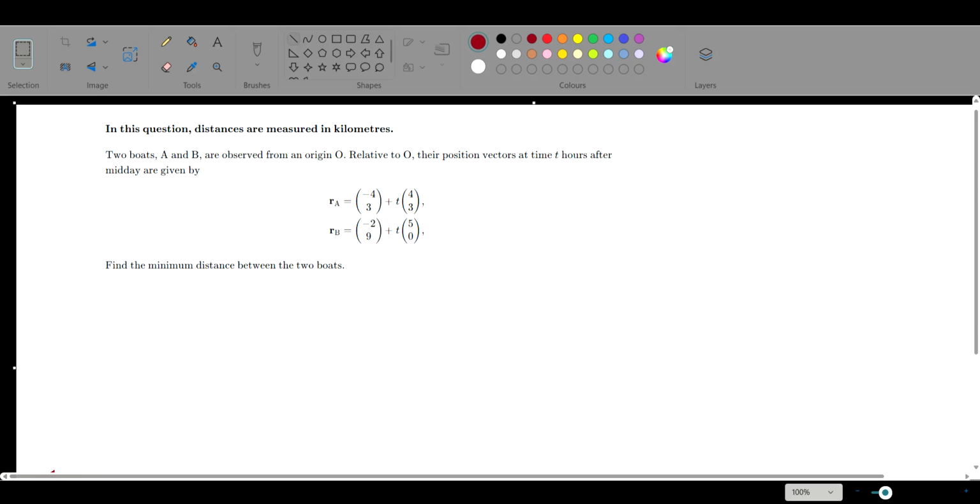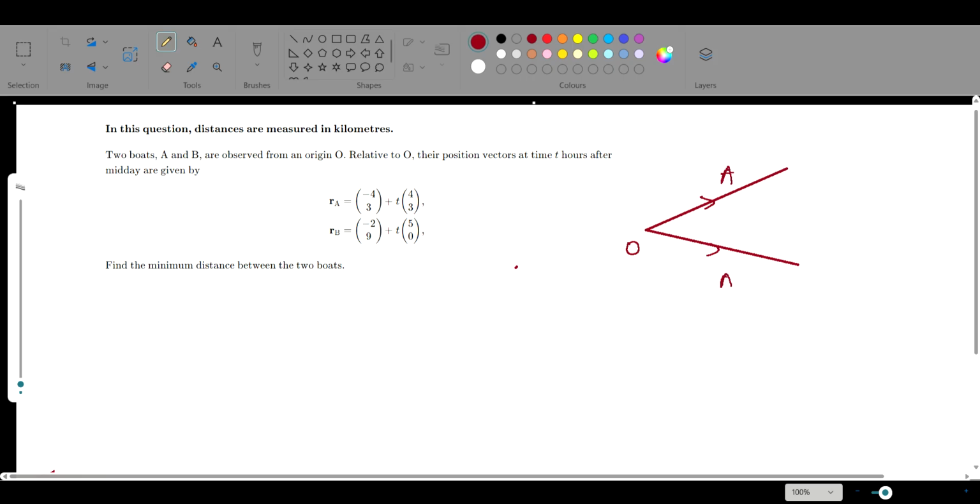Hypothetically, let's say both of them start from the origin. I'm drawing a hypothetical, not the actual one. Both of them start from O, and A is going like this and B is going another way. To measure the distance between them at any point of time, it will be Ra minus Rb.